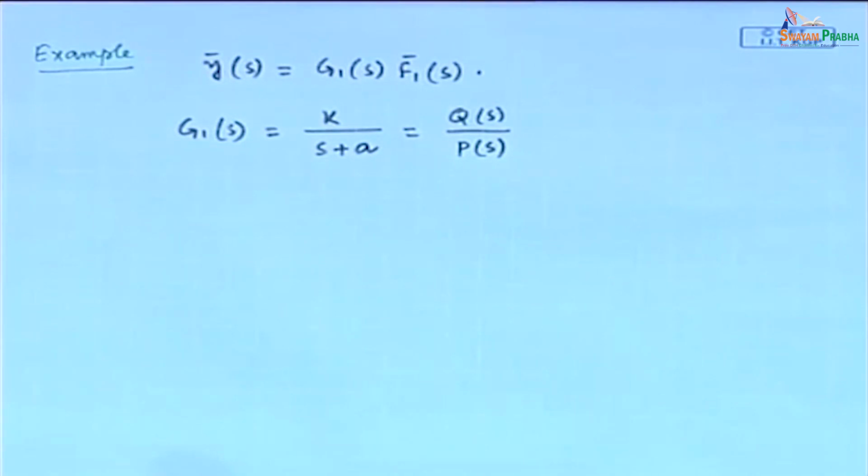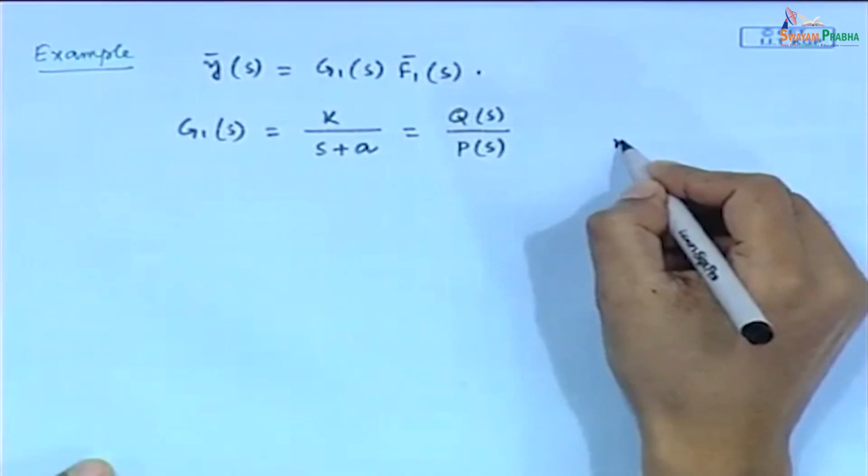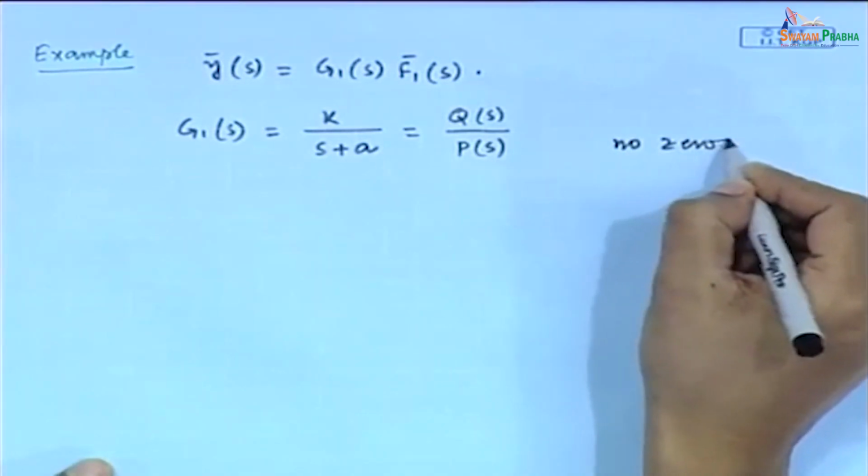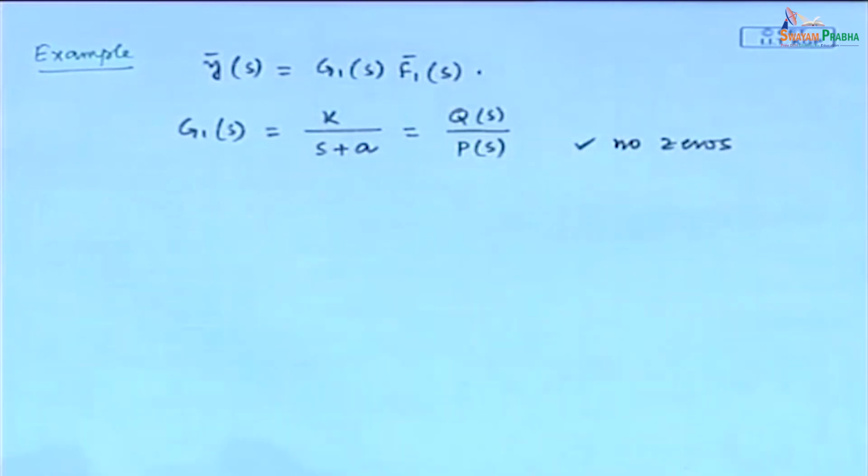But the numerator is basically constant. So, that is not a polynomial of s. That means there is no zeros. So, for this example system there is no zeros. And what about P(s)?